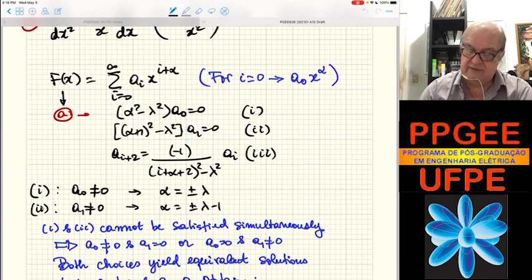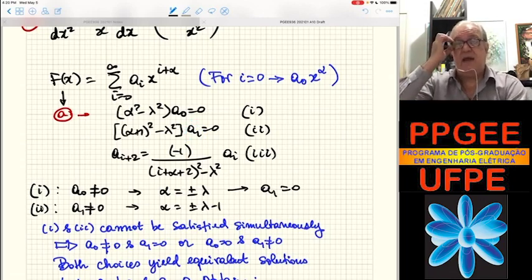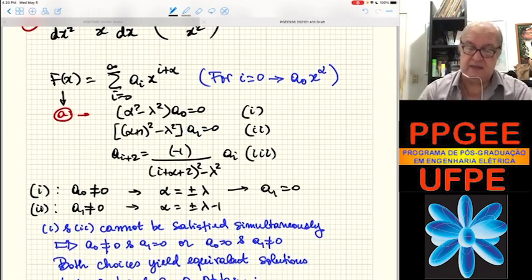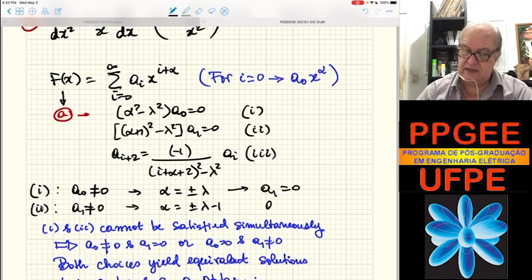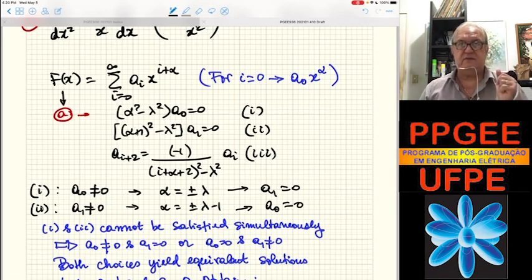So if I do that, I have to set a1 equal to 0. In the same way, if I choose a1 different than 0, it means that alpha plus 1 equals plus or minus lambda, or something like this. Then if I choose a1 different than 0, then a0 has to be set equal to 0. So I cannot have both at the same time different than 0.